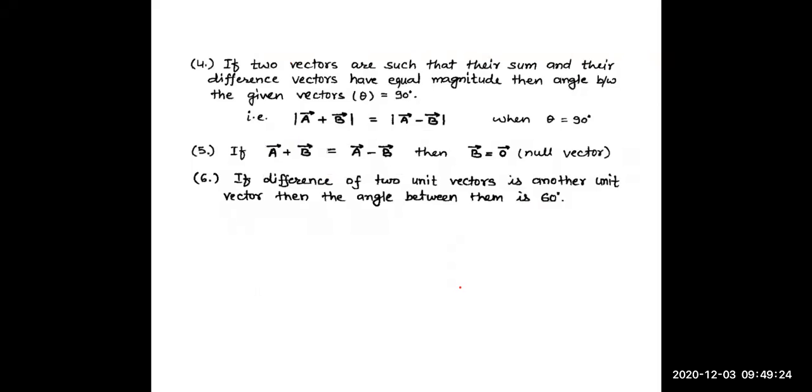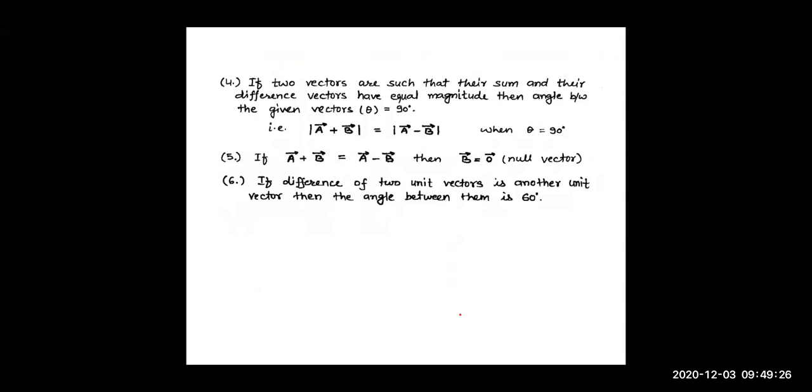Let's see a few more points. The fourth point says that if two vectors are such that the sum and the difference vectors have equal magnitude, that means if you subtract two vectors or add two vectors, your answer is the same, then when is that possible? That is, the magnitude of vector a plus b is equal to the magnitude of vector a minus b.